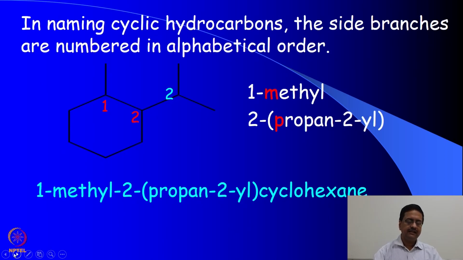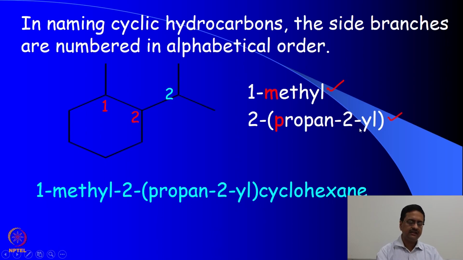When we try to name the cyclic hydrocarbons, the side branches are numbered in alphabetical order. Now, we have 2 substituents in this particular molecule, a methyl substituent and a propan-2-yl substituent.